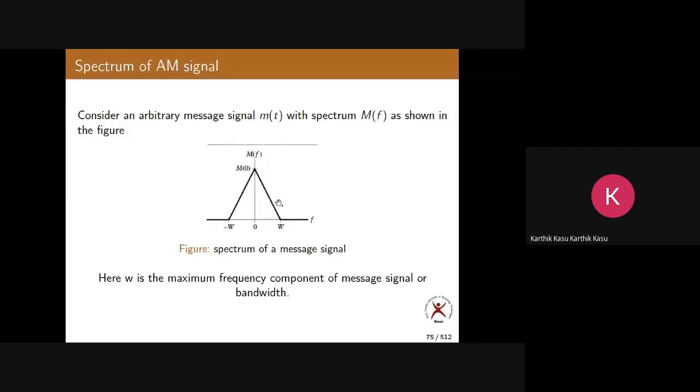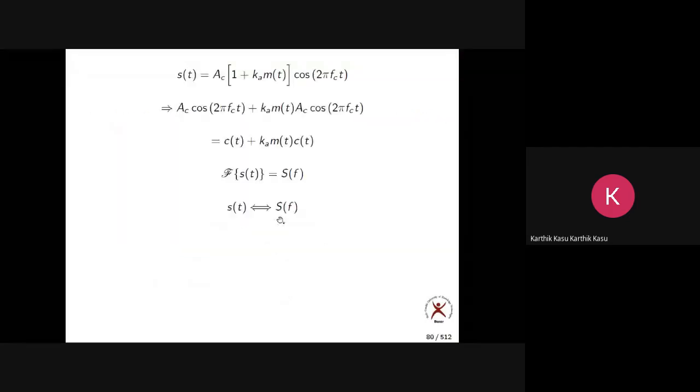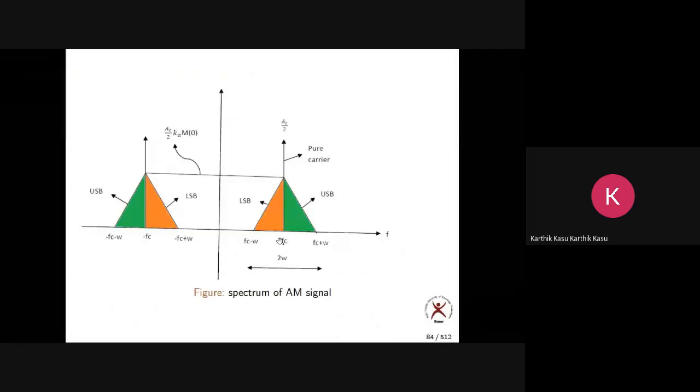It will be like this. Passband signal means just like a band pass filter, with a lower cutoff frequency FC minus W and an upper cutoff frequency FC plus W. I hope you know what a band pass filter is. So remember: baseband means low pass, passband means band pass. Same analogy. If you modulate, a baseband signal becomes a passband signal; otherwise, you can say there is a frequency translation.